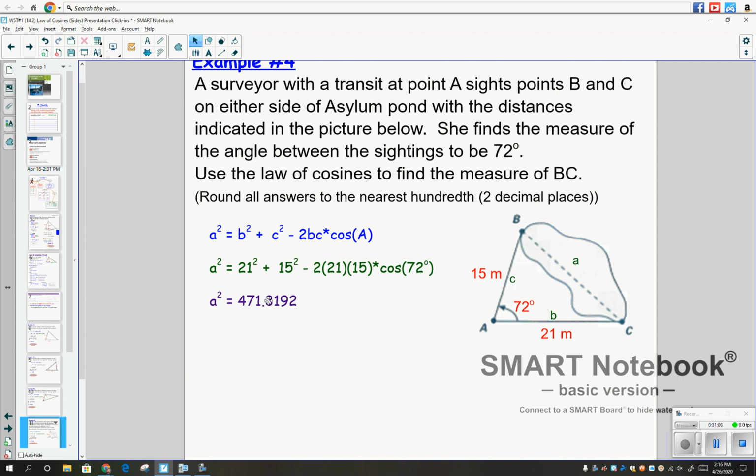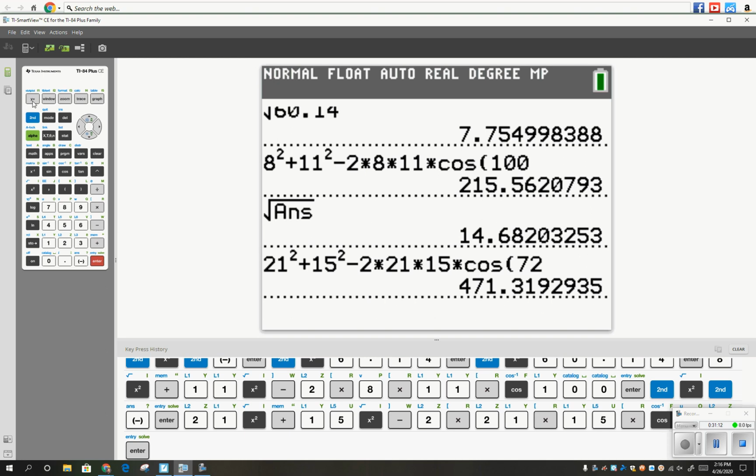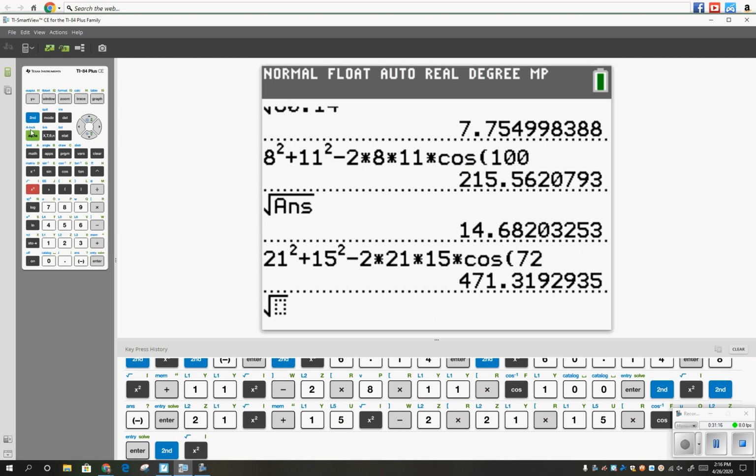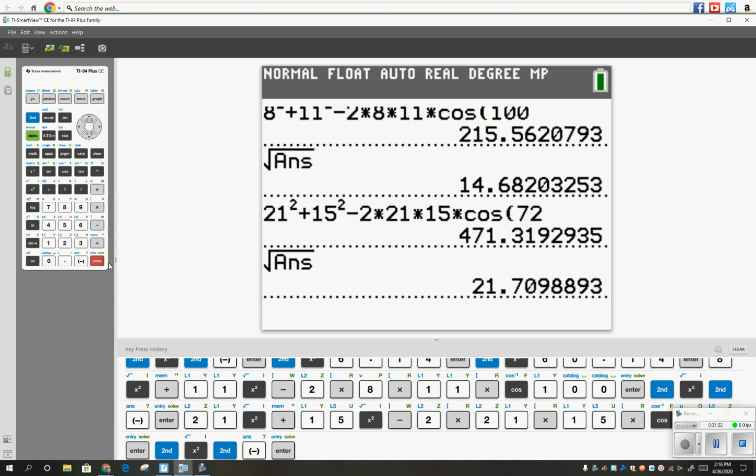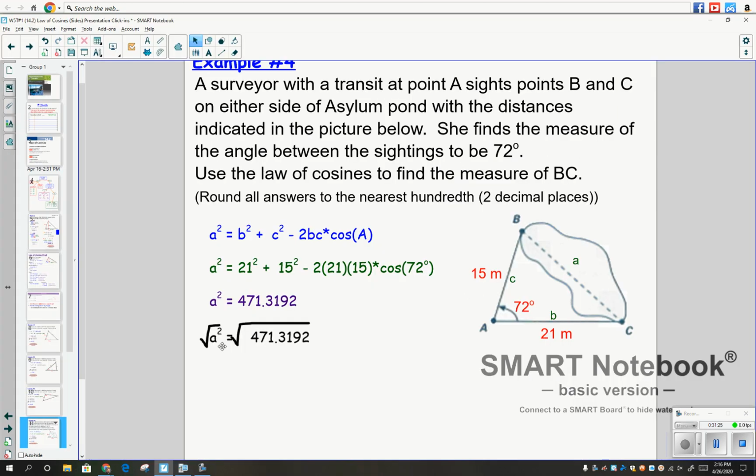How do I solve for A? Take the square root. Using the answer feature, second square root of second negative, which is the ANS answer. It's taking the entire number there. You get 21.709, which rounded to two decimal places is 21.71 meters.